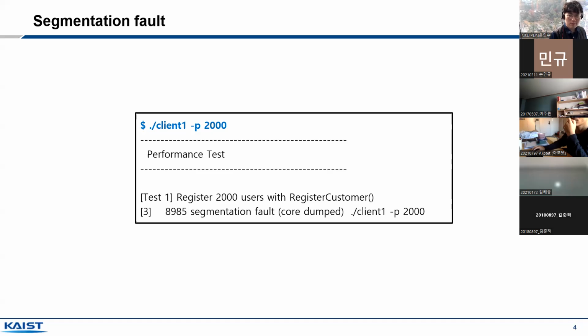If you give a very large number, it may cause some problem because, depending on your logic, it may have some logic error or memory error in the expansion part, or your register customer by itself has some error, and it caused a segmentation fault.